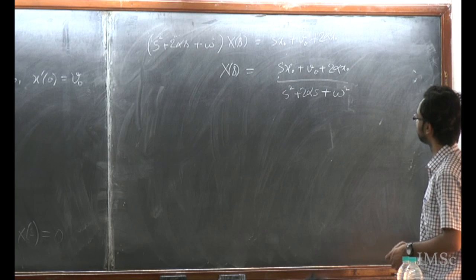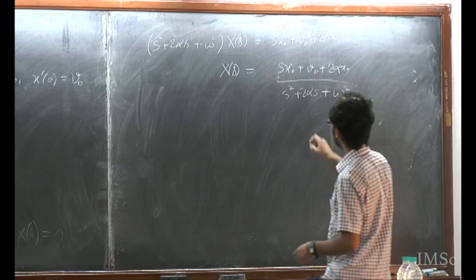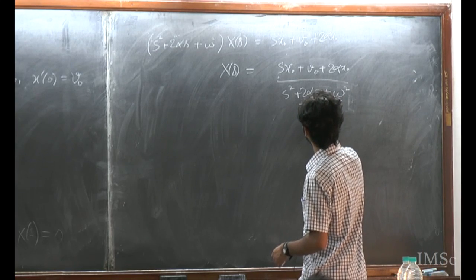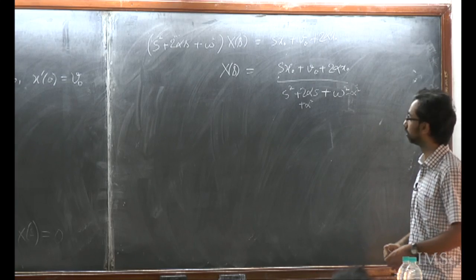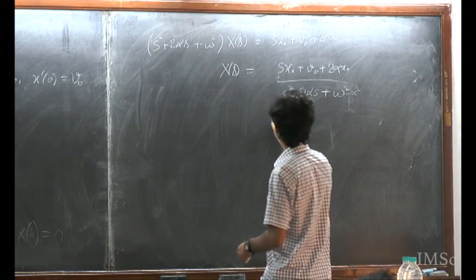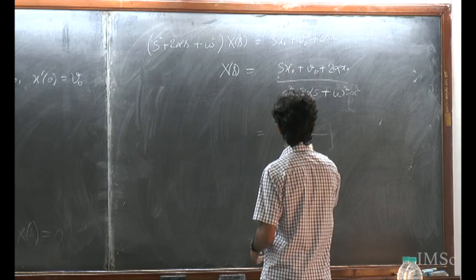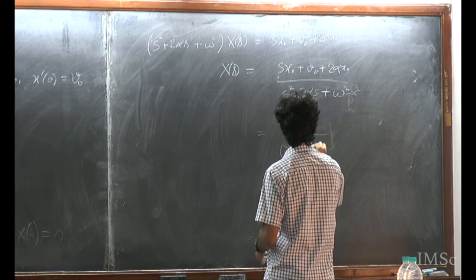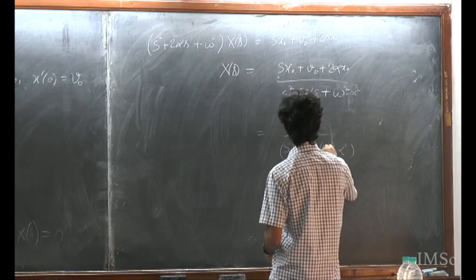What you can do is add alpha square and subtract alpha square. Then the denominator is s plus alpha whole square plus omega square minus alpha square.